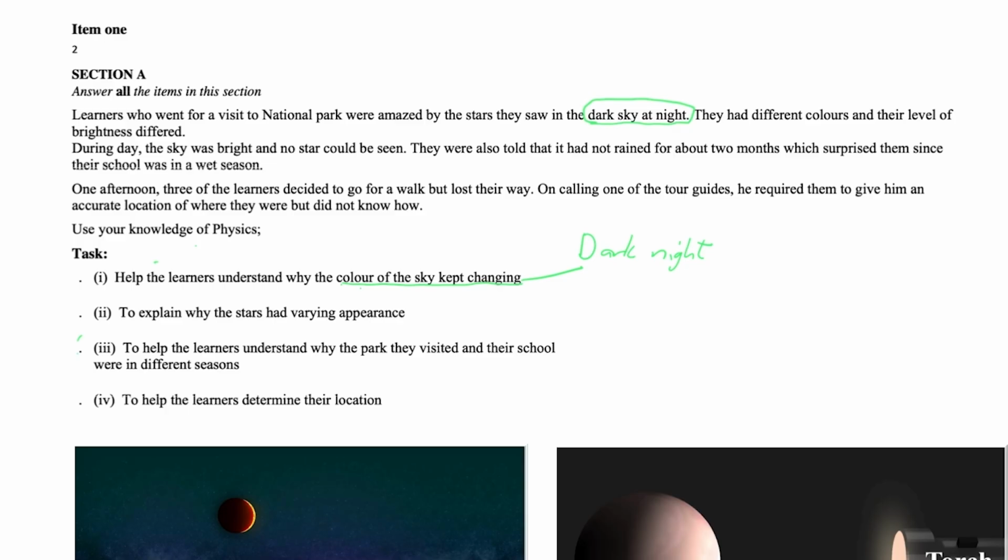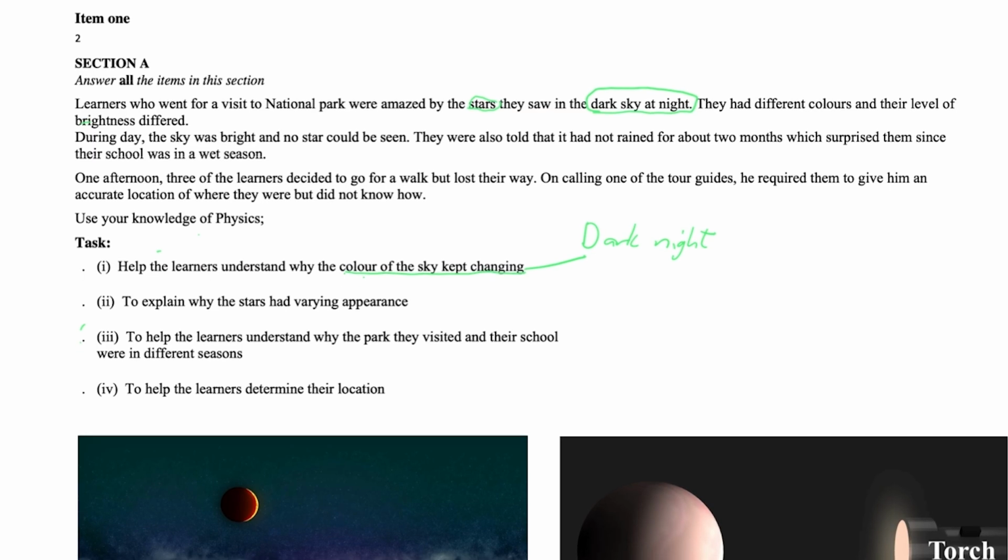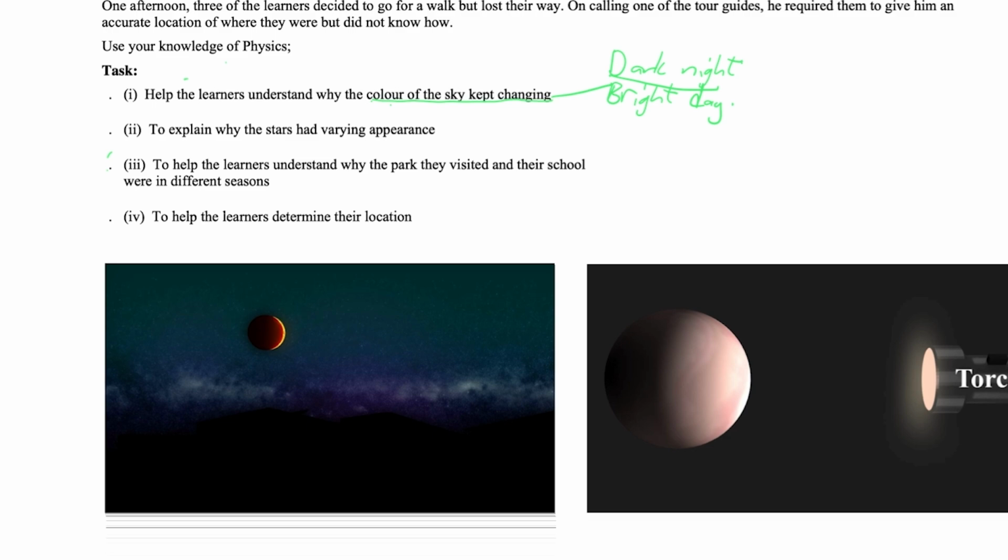Secondly, the stars had different colors and their level of brightness differed. But our question wants us to talk about how the sky was changing. We have seen the sky was dark at night too. During the day, the sky was bright and no stars were seen.